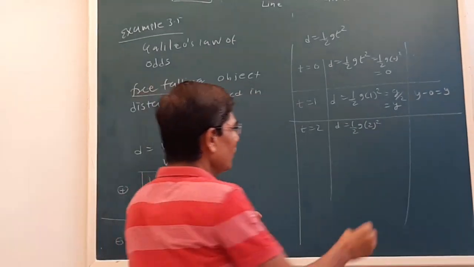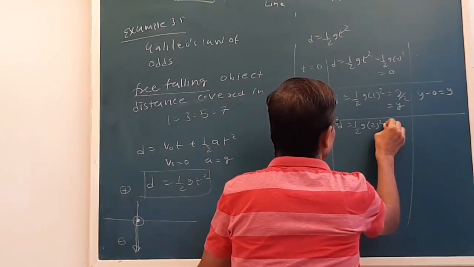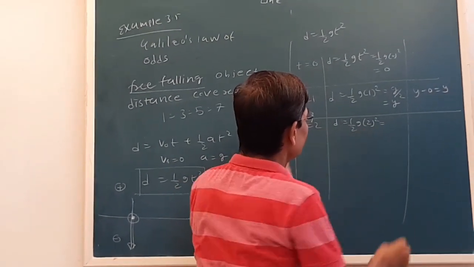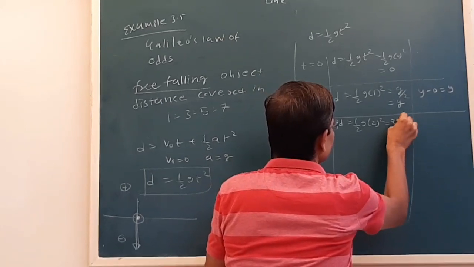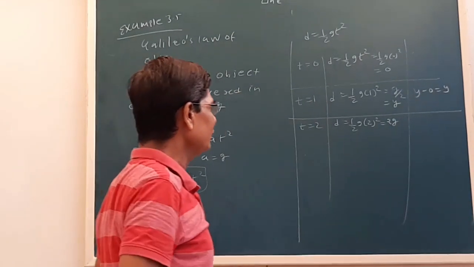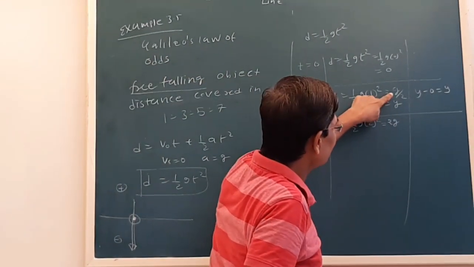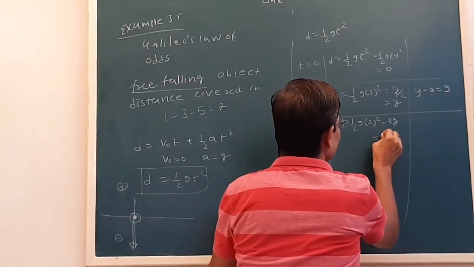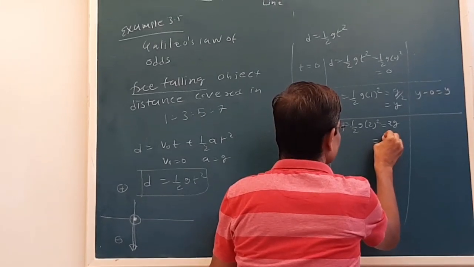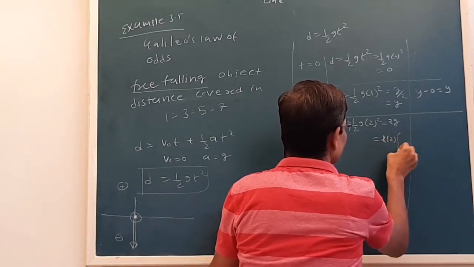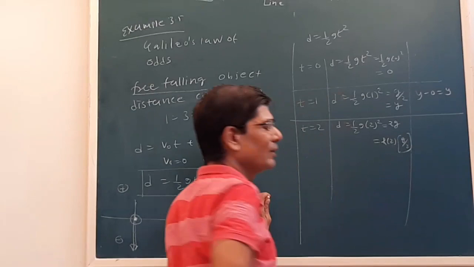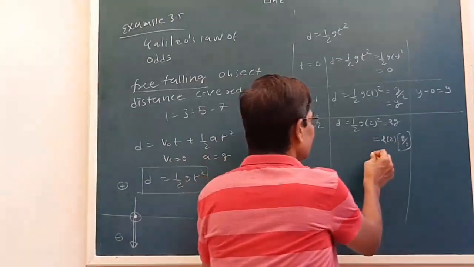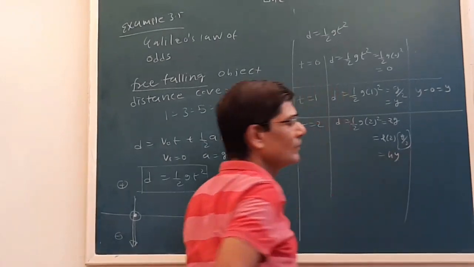Now let us say at t is equal to 2 seconds, the distance covered is 1 by 2 g into 2 whole square, that is 2g. If I take g by 2 as y, then it simplifies to 4y. Ultimately we have to get it in multiples of y, so that will make it 4y.